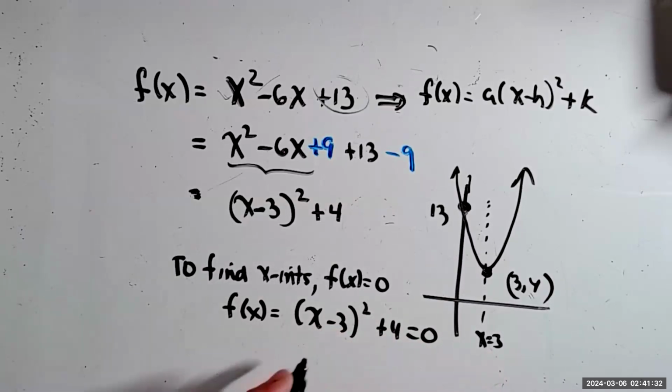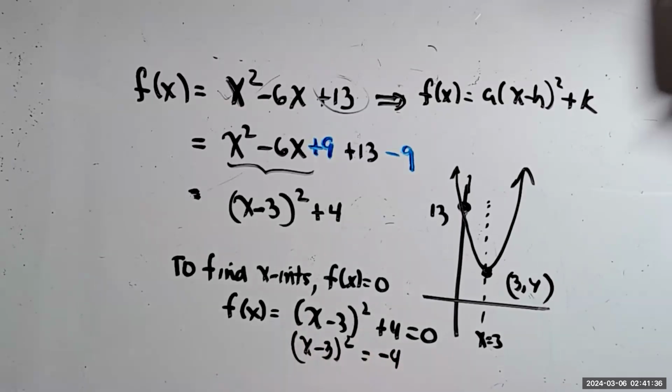I can subtract 4. Negative 4, we take the square root. x minus 3 equals plus or minus 2i. Okay, so I cannot graph it because it's complex, and we're in the real world. And if we were to add 3, x will be 3 plus or minus whatever. So this is your axis of symmetry.